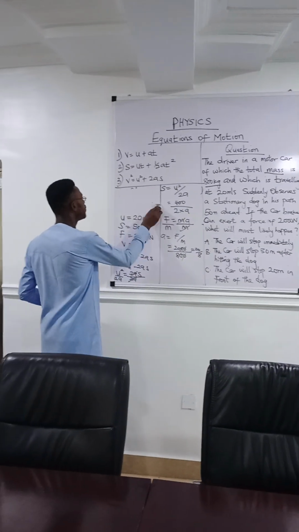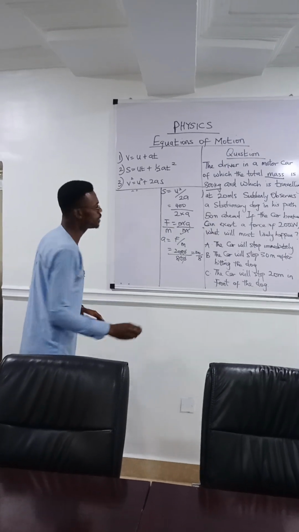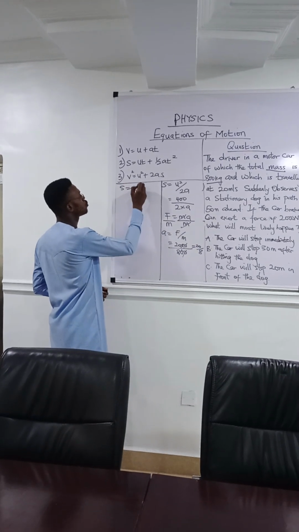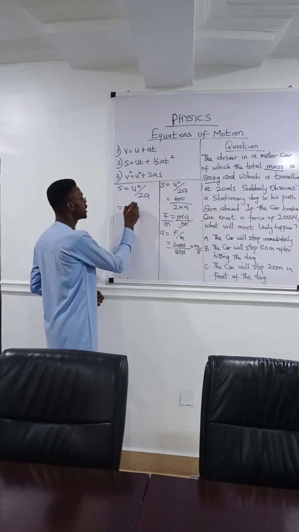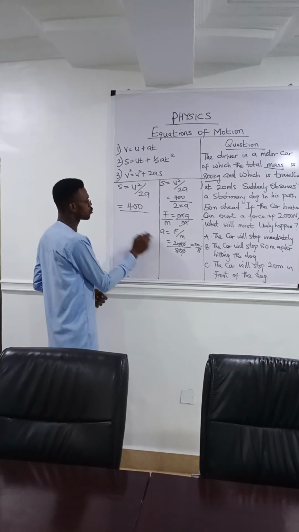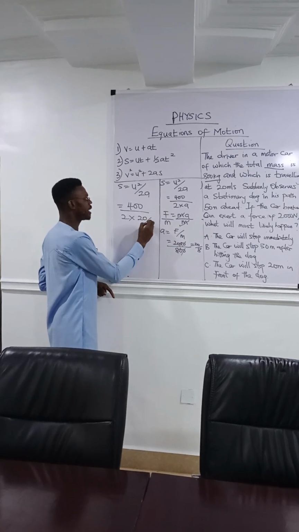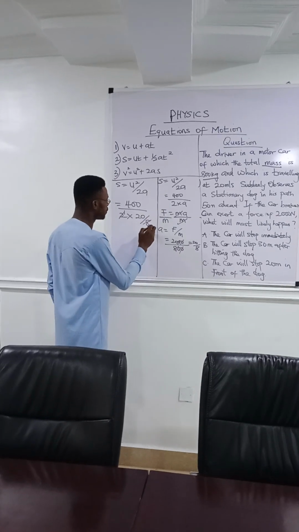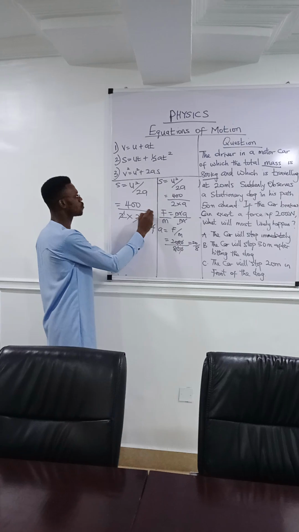Now let's finish it up. If acceleration is equal to 20 over 8, remember the formula is s equal to u squared over 2a. My u squared is 400 over 2 times a, which is 20 over 8. Now 2 into 8 gives 4. 4 into 20 gives 5.